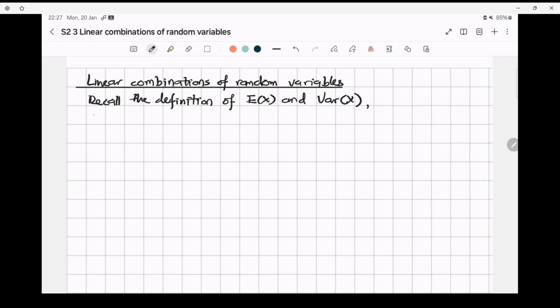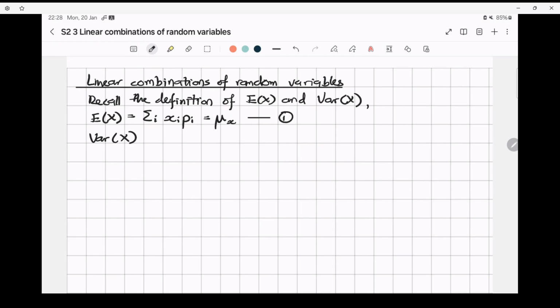For the discrete version, E(X) is usually defined to be the sum of x_i p_i. Over here I use i for the index, later on you will see j for Y. We label this as mu_X. This is the first equation, the discrete version.